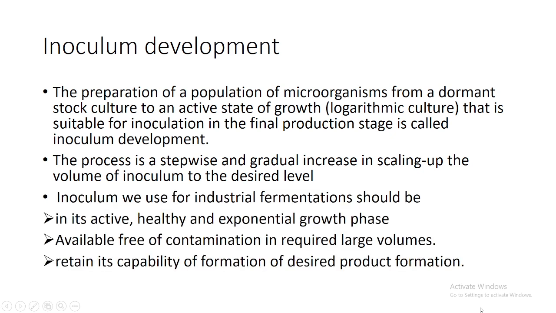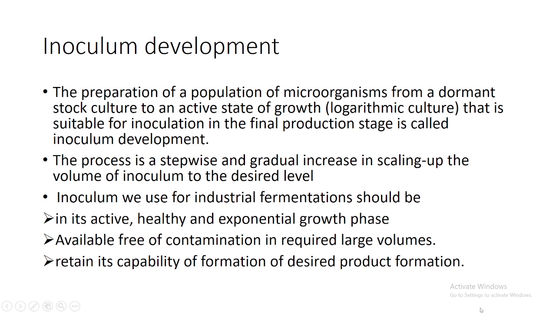So what are the important features of the inoculum that can be used for industrial fermentation? The inoculum or the culture that is used for industrial fermentation should be in its active state. It should be healthy and in the exponential or logarithmic phase of growth. It should be free of contaminants and it should be available in large volumes, because the bioreactor is like thousands of liters.